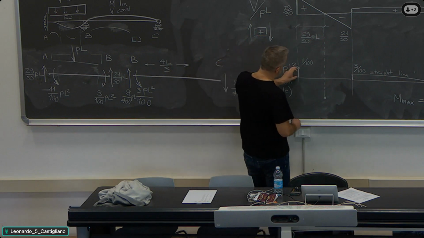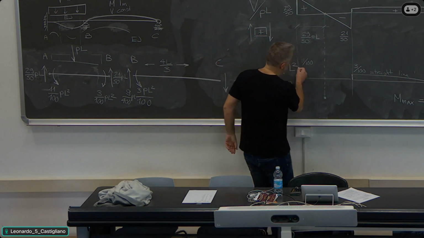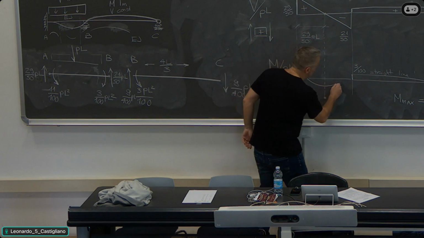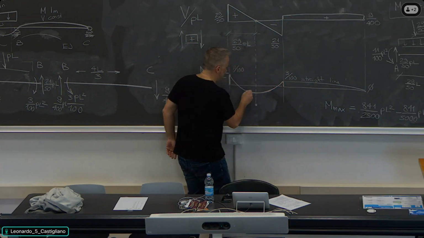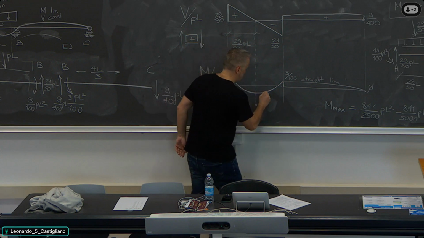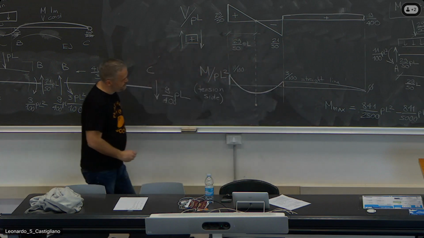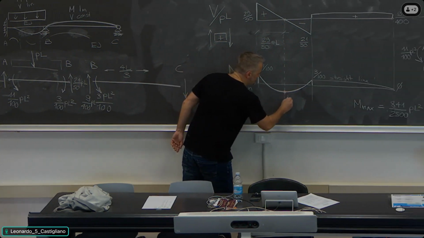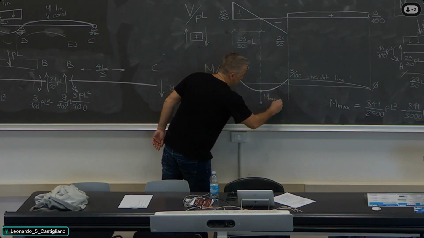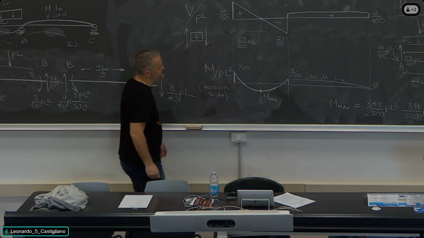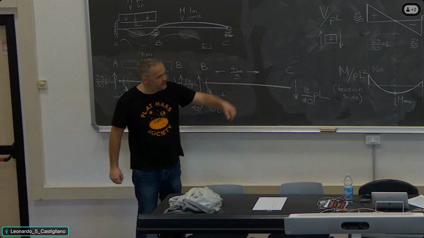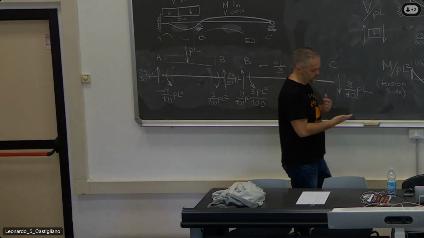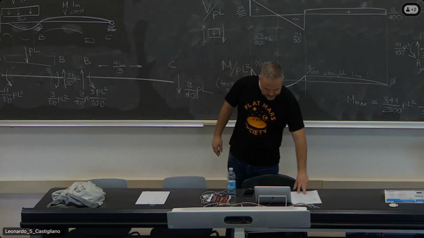So if this is the bending moment here it's smaller, in the middle it's a parabola, and it goes like this, okay? This value here is M maximum, okay? And it's written over there.